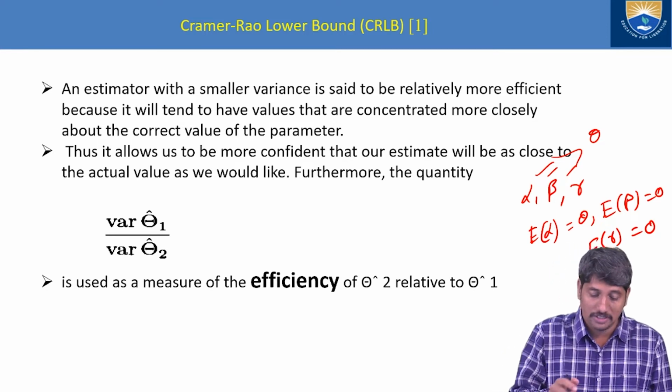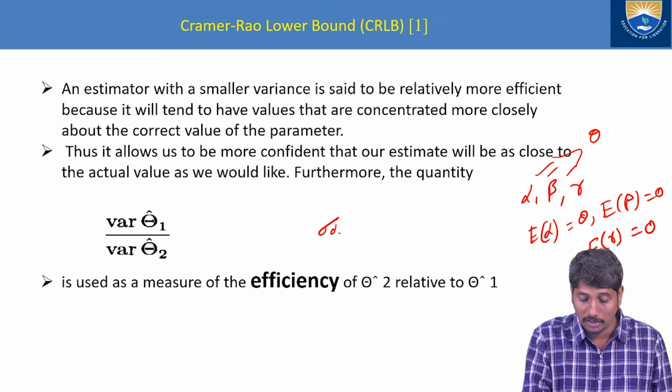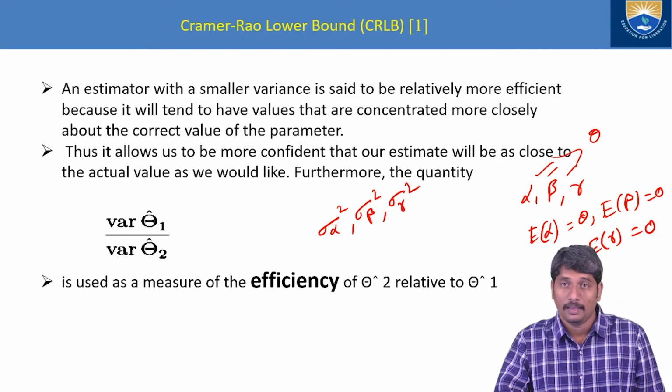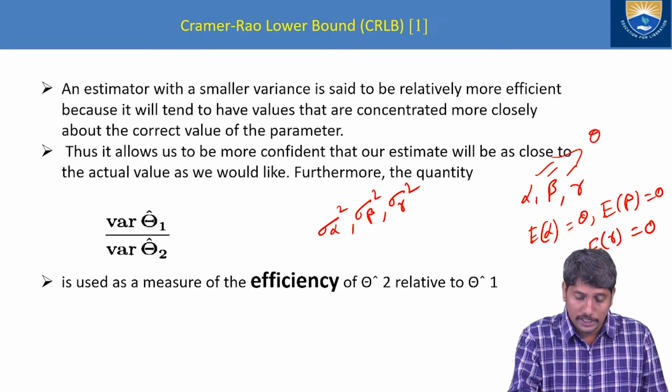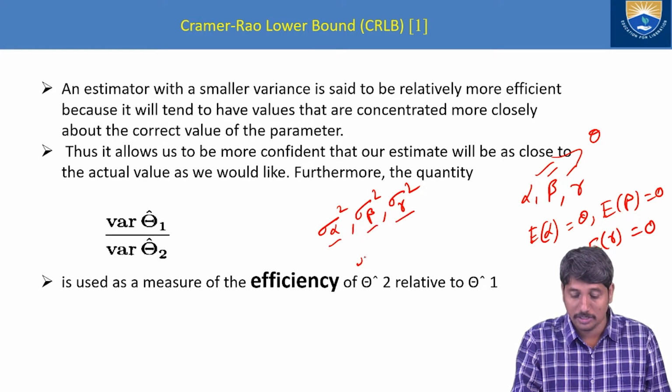Then this definition is telling that calculate the sigma alpha square, sigma beta square, sigma gamma square. Now check whose variance is smallest, whether sigma alpha square is lesser than sigma beta square, sigma gamma square, or sigma beta square is lesser than sigma gamma square, sigma alpha square.